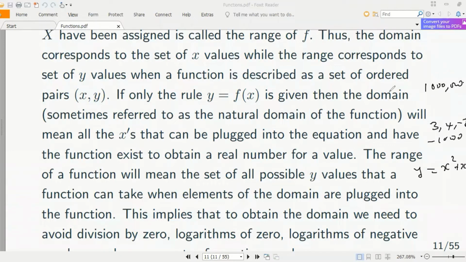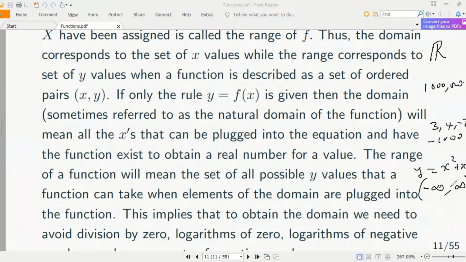So that means the domain will be all the real numbers. Or if you want, you can say the domain will be all the numbers from negative infinity to positive infinity. I'm using these brackets to mean that negative infinity is not included and positive infinity is also not included.